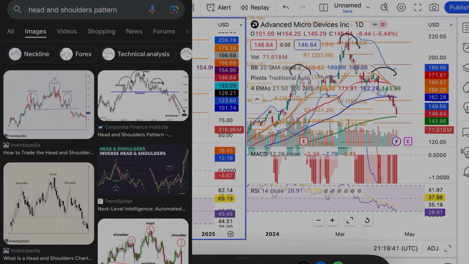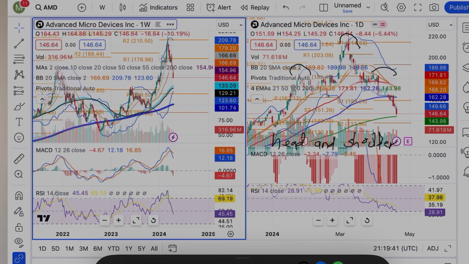But right here is where you see the head and shoulders pattern. The head and shoulders pattern does not confirm until it breaks that neckline, in which it broke the neckline, and it's on the way down.